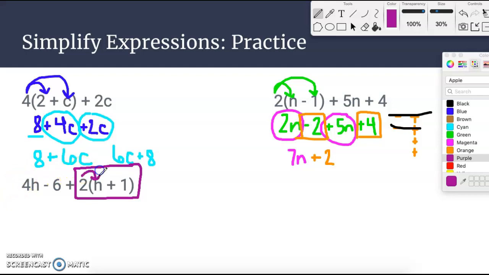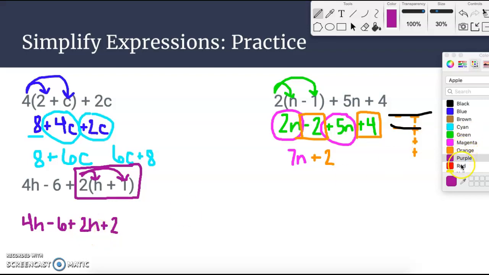So 2 times h is 2h, and 2 times 1 is 2, and we are adding, so 2h plus 2. Now I'm going to bring down these pieces that we have not used yet, okay? This is a positive 2, so we are going to just bring down that plus sign here, okay?